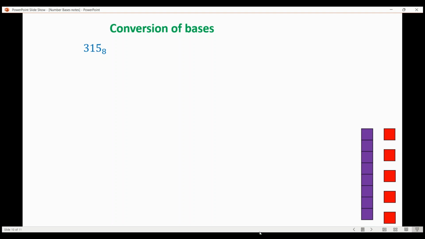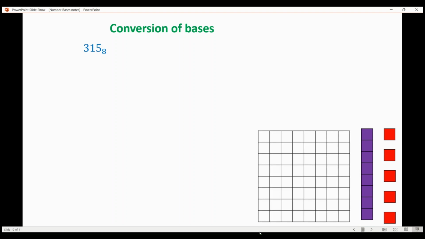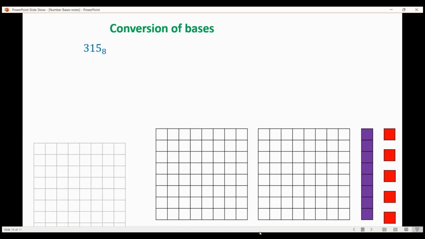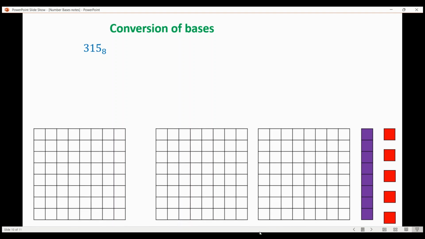And then 3 groups of 8 squared. So one group of 8 squared, 8 by 8, you can count it. And if we want to convert that to base 10, this can also be written as 3 times 8 squared plus 1 times 8 to the power 1, and 5 times 8 to the power 0.